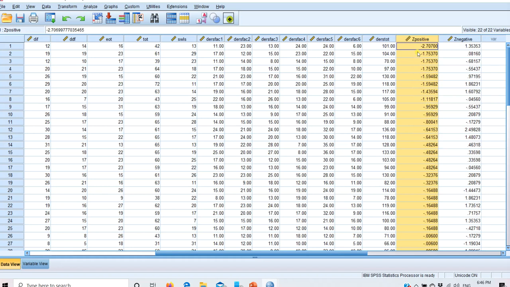So the lower values will be at the top and the minimum value is minus 2.7. If we are going with this smaller sample size criterion, and there are 53 cases in this example, then we can say that this case is an outlier case.